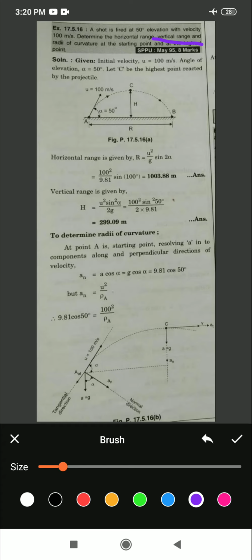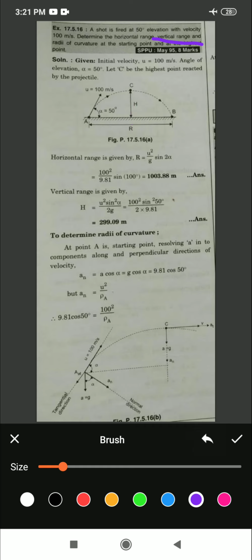Vertical range means the maximum elevation above the ground, and we can find this by defining this point C at this place. Now, from the point C to the ground, we have to find the vertical range, and from point A towards the point B in horizontal sense, we have to find the horizontal range.